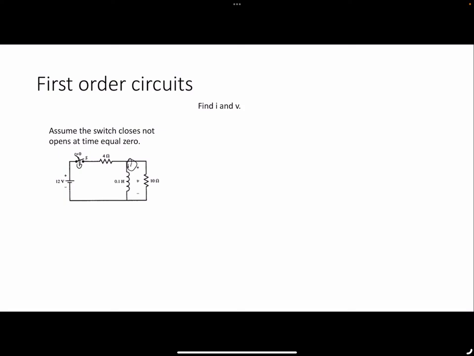Here, I'll draw it out. So t less than 0. We have 4 ohms, and then we have this inductor, which after a very long time behaves like a short, and then a 10 ohm. How much current would be flowing through here?